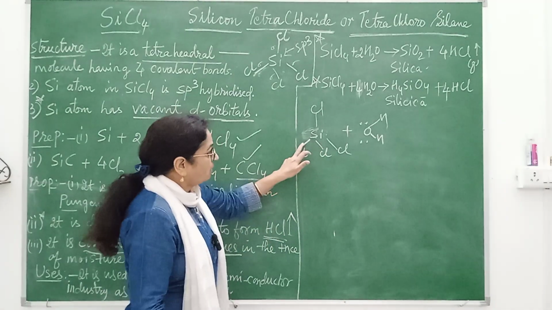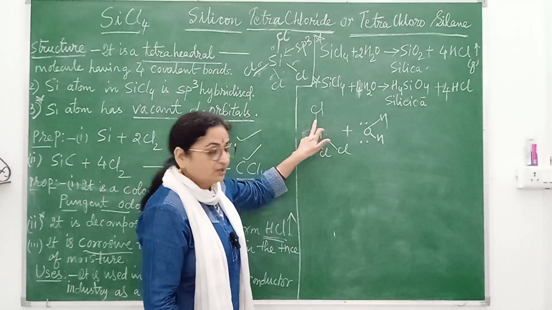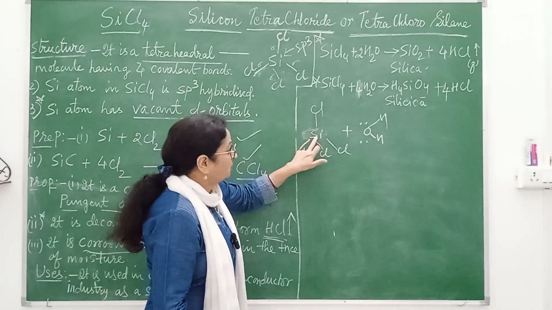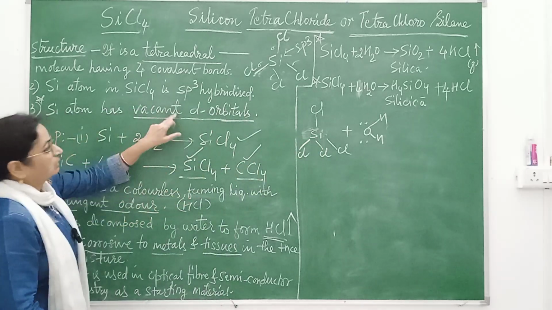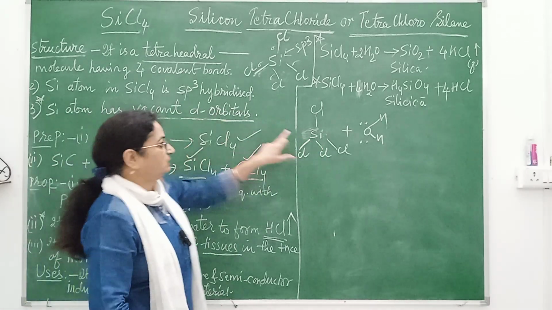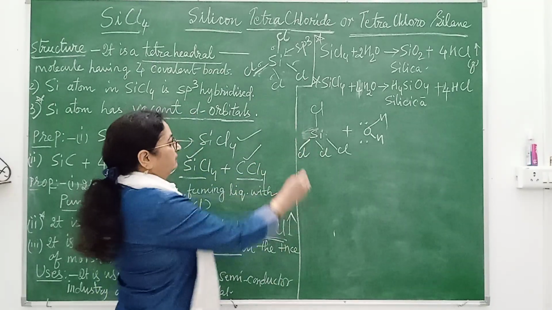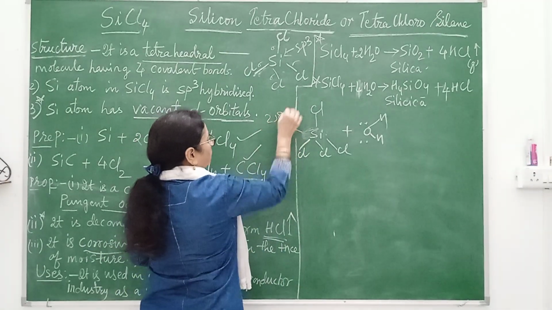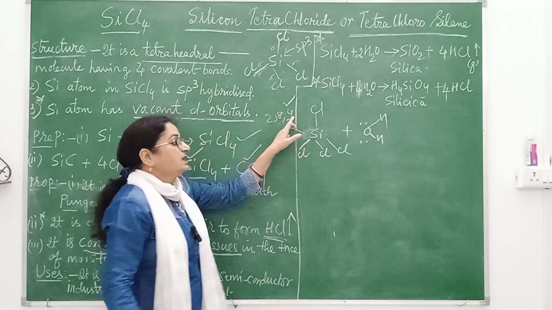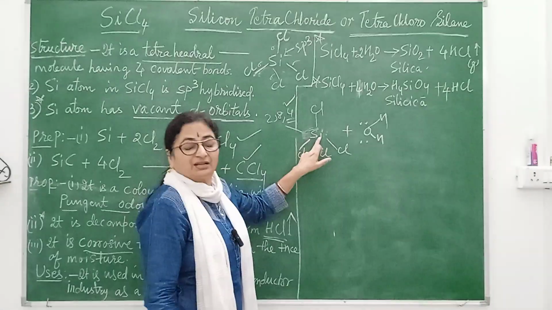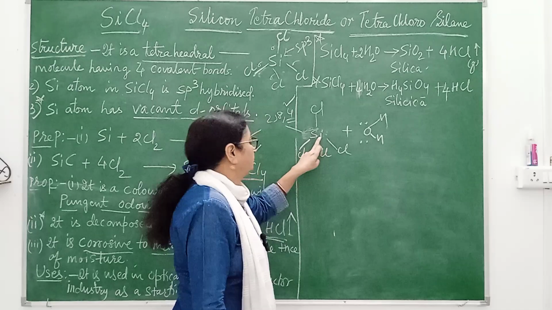Now here you see all 4 valencies are satisfied, but we know silicon has available d orbitals. It has vacant d orbitals because it belongs to third period. Its atomic number is 14. Configuration, if you write 2, 8, 4, that means third shell starts, and it has 3d orbitals available for bond formation.